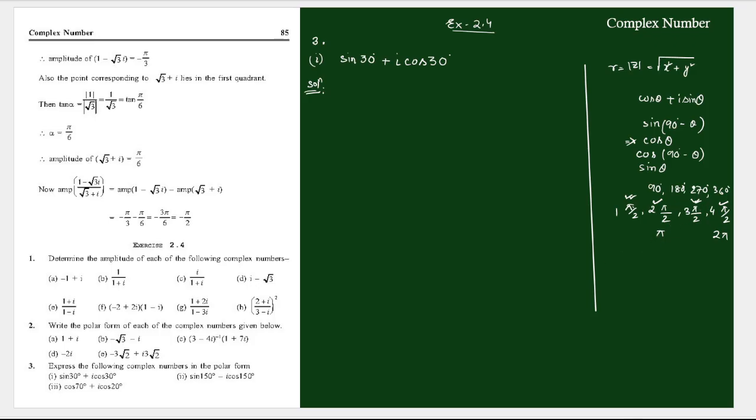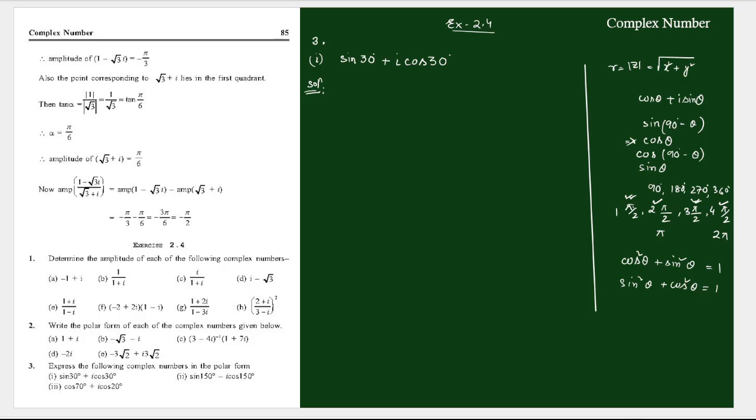So we have to take help of this rule now. And one is that cos square theta plus sin square theta, or sin square theta plus cos square theta, is equal to 1.